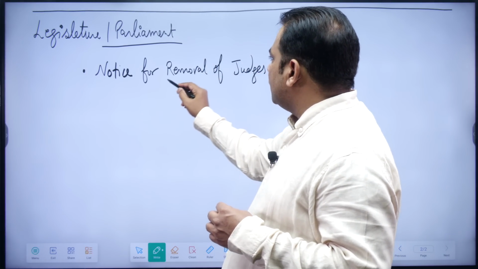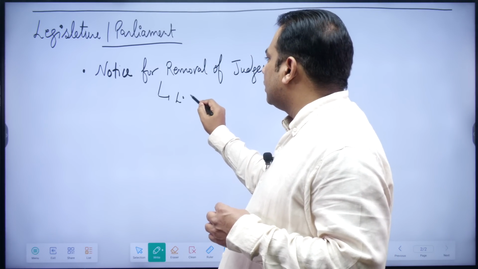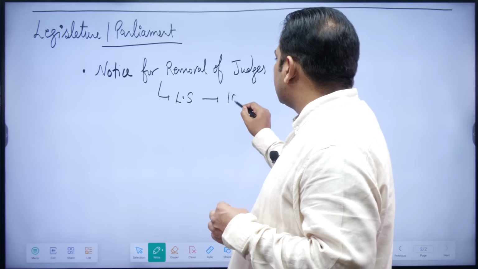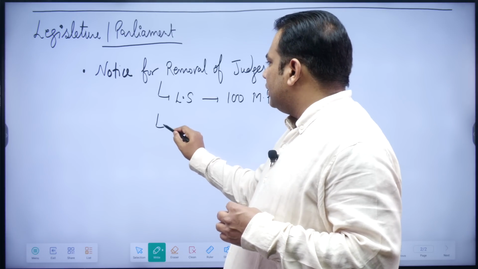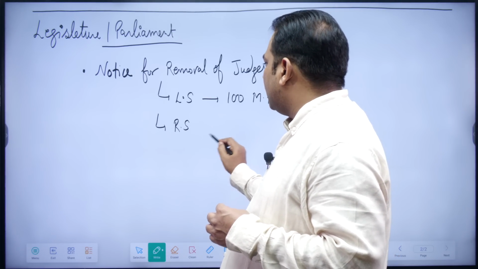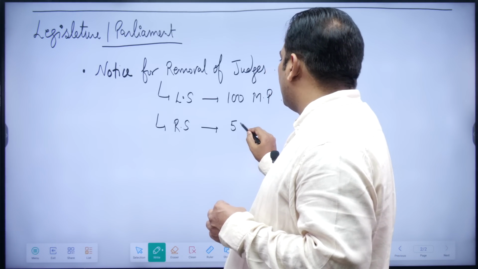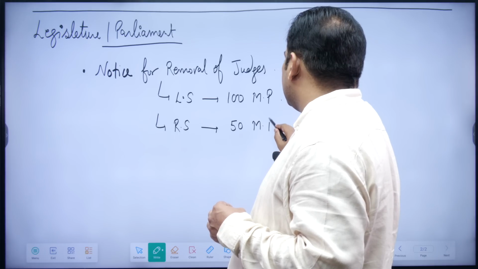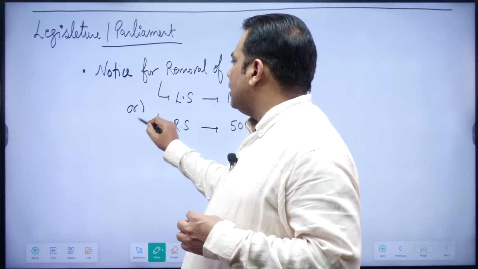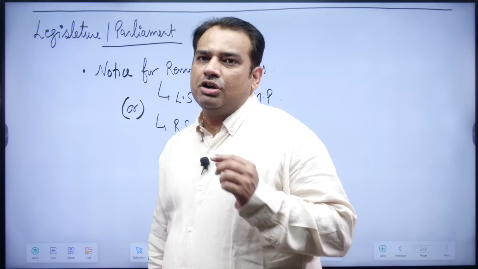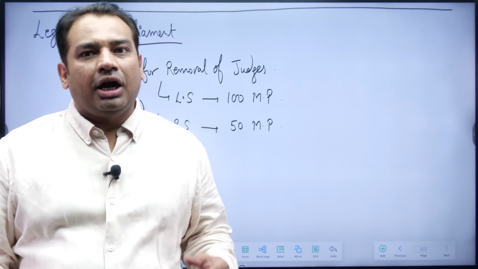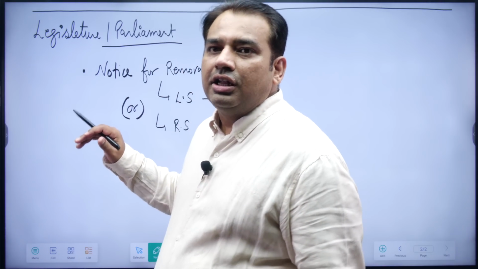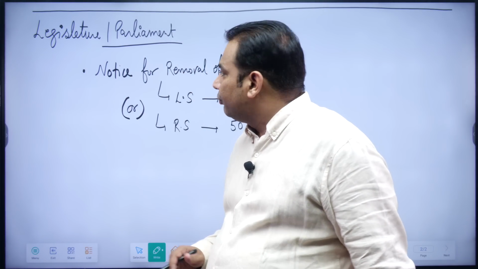If this notice is given in Lok Sabha, you require the support of a minimum of 100 MPs. If it is introduced in Rajya Sabha, it requires the support of a minimum of 50 MPs. That means in either house, the notice for removal of a judge will be given. That will become step 1 at the level of the parliament.